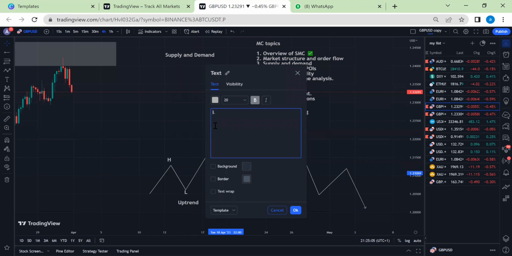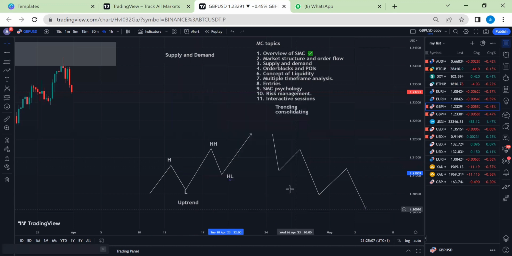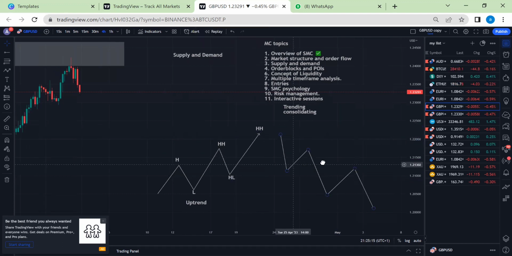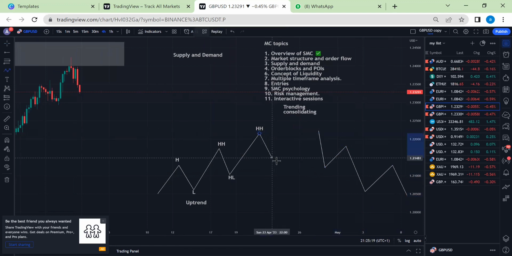Higher low. So if price is on an uptrend, it will keep giving you this. It will keep giving you what? This, then higher high. Okay, that's what it will keep giving you. Higher high, then it gives you what? Another one. We have higher low.